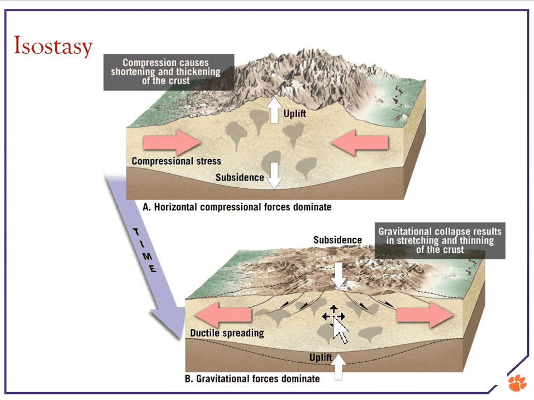we will have some collapse due to this stretching and thinning of the crust because of the uplift created by this isostasy itself. And that uplift will actually lead to ductile spreading on both sides of this structure, and we will get more subsidence in the middle, and the height of this mountain is going to get lower.